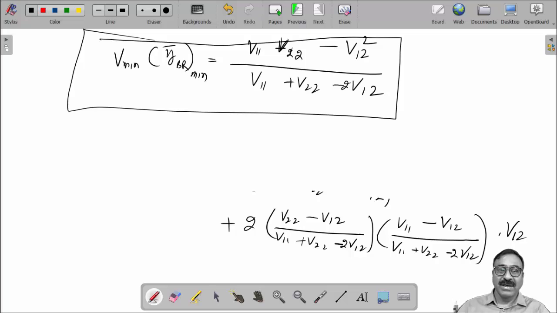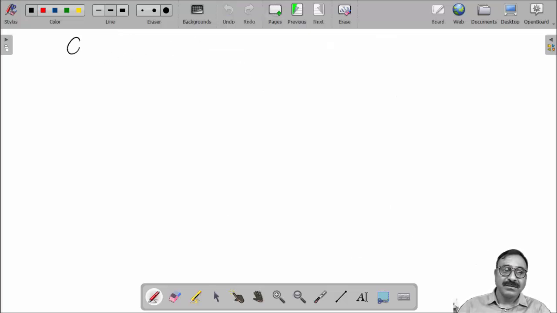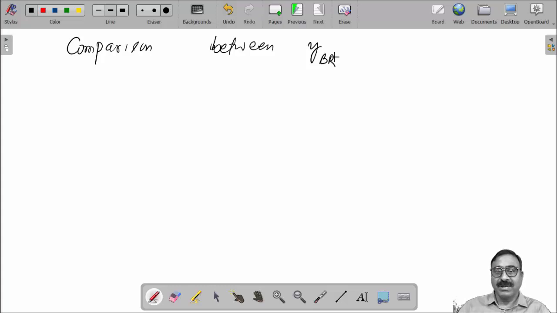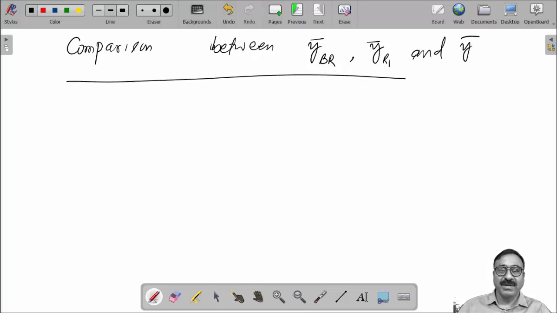Now we shall make a comparison between the bivariate ratio estimator, the usual ratio estimator using a single auxiliary variable, and the simple mean estimator with no auxiliary variables.